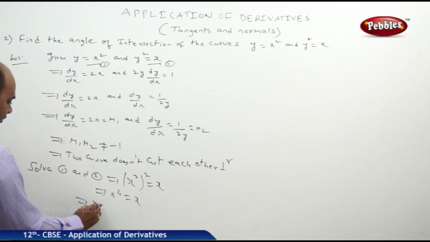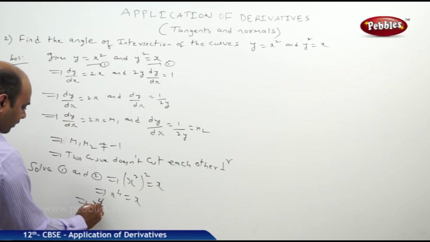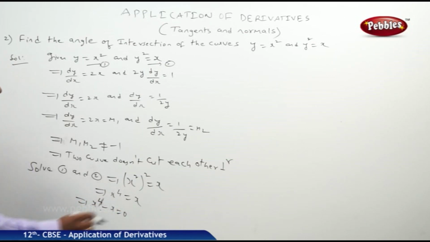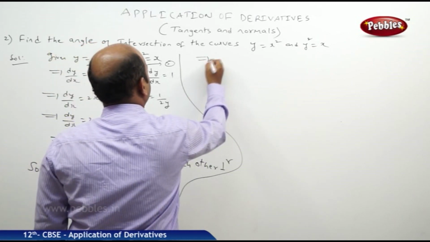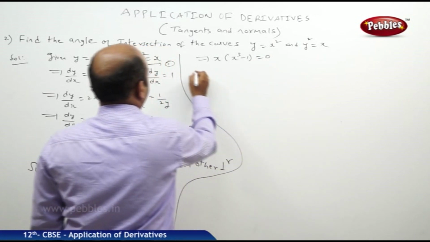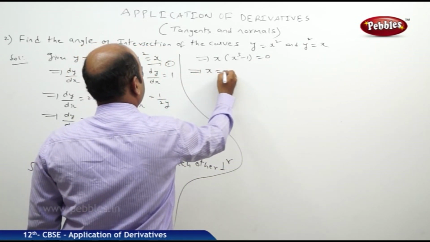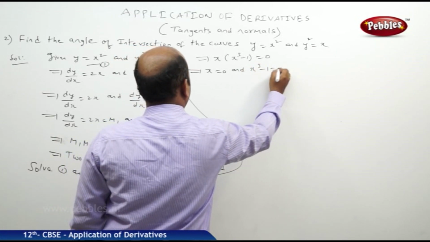That means x power 4 minus x is equal to 0. Then x into x cube minus 1 equals 0. That means x is equal to 0 and x cube minus 1 equal to 0.